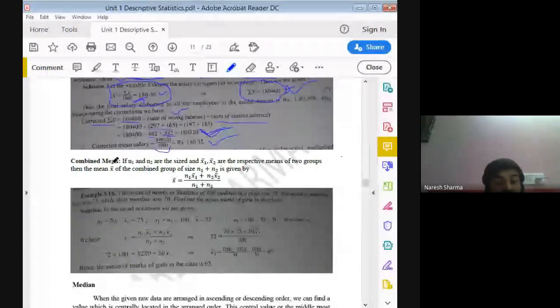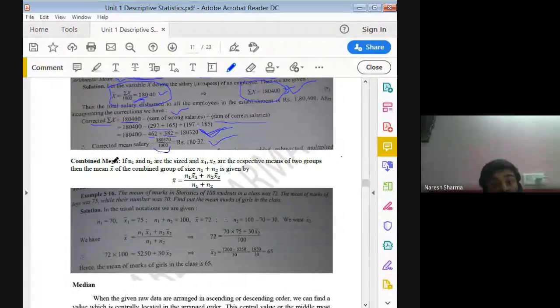For example, we have a class of girls and boys, and they get some marks in a test, and the mean of girls and the mean of boys are different. In that case, if you require the combined mean, you just use this formula.